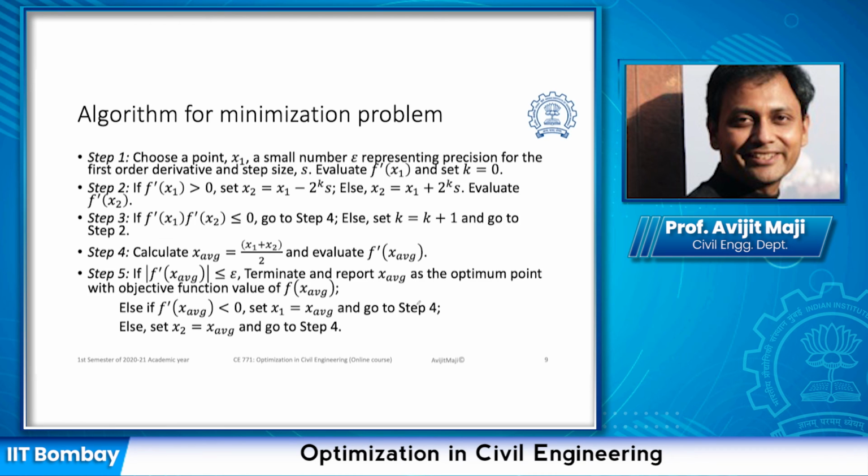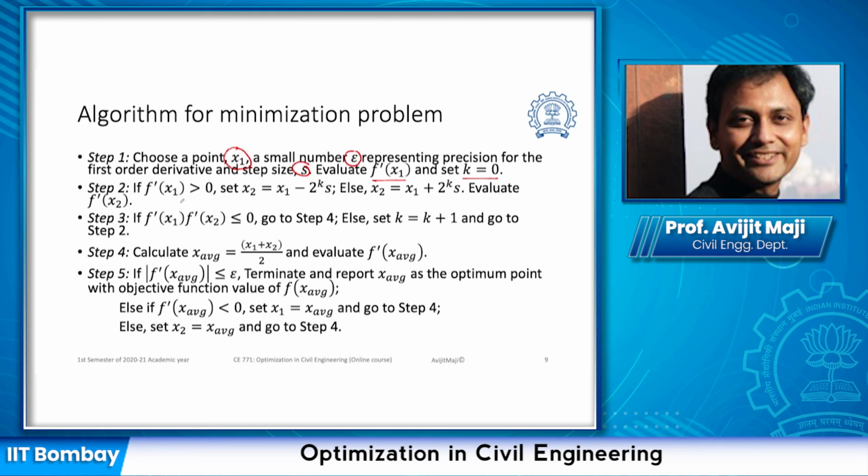So in the bounding phase method, the algorithm starts almost in a similar way, where we choose a point x_i with a small number epsilon representing the precision for the first order derivative and step size s. At this point, we evaluate the first order derivative and set the counter k equal to 0.